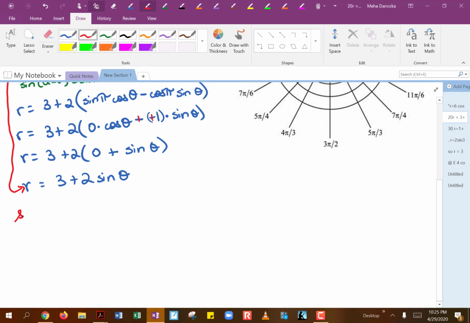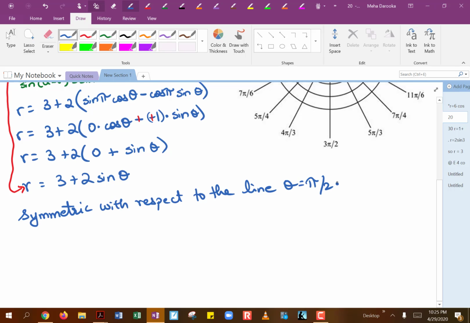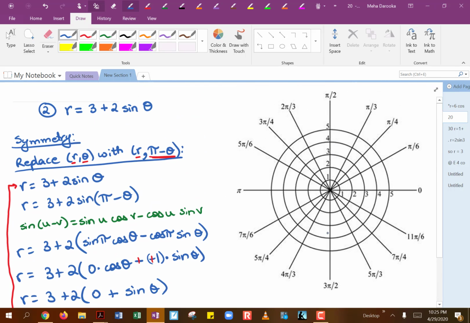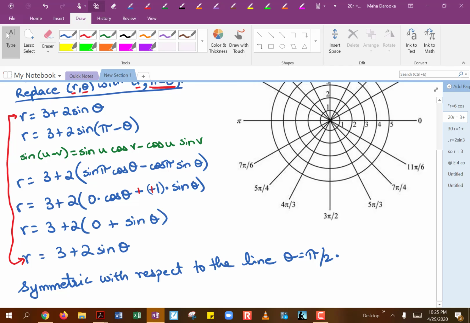So this is going to be symmetric with respect to the line theta equals pi half. Basically, with respect to that 90-degree angle line, that's where you're going to see the symmetry. Now you can check it for the others, and you should do that.